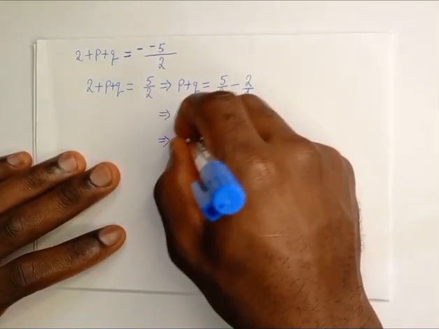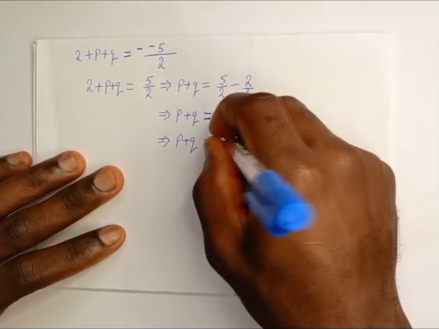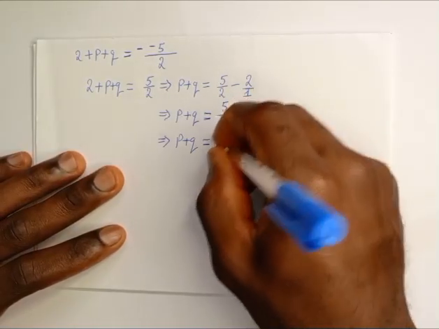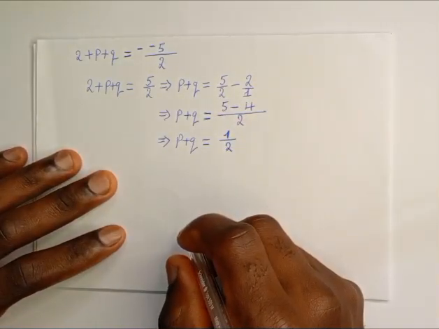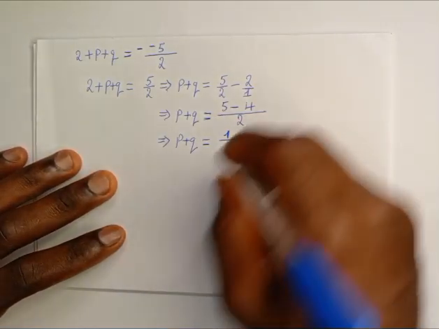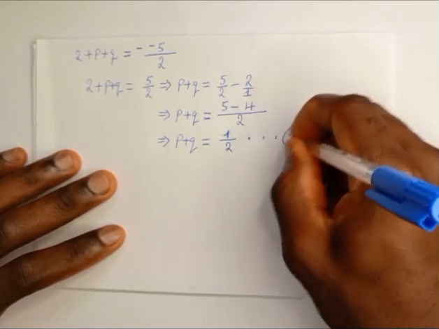Then p plus q is equal to 5 minus 4, which is 1 over 2. So p plus q is equal to a half. We are going to call this equation 1.